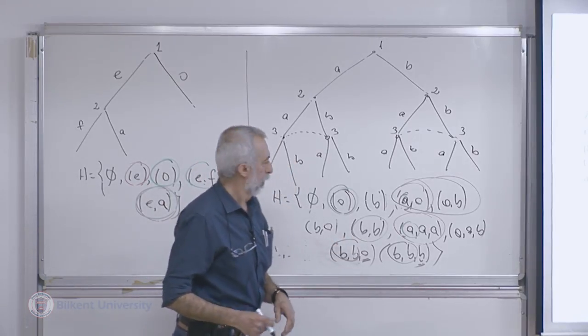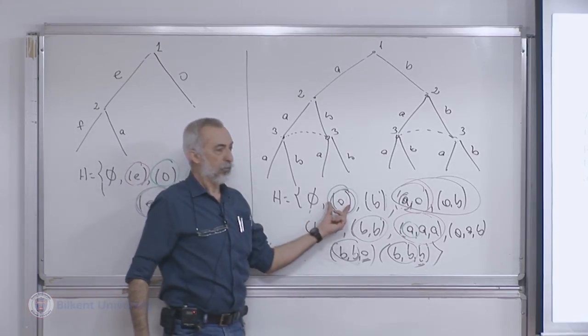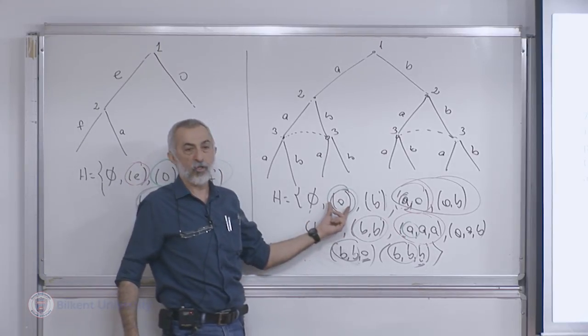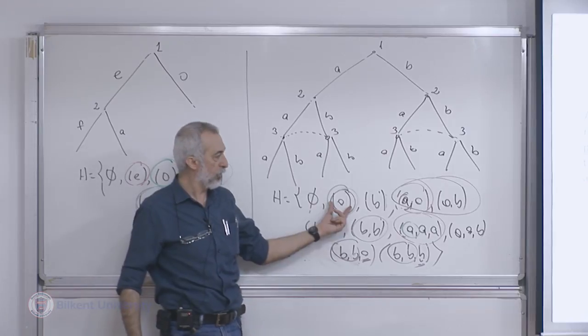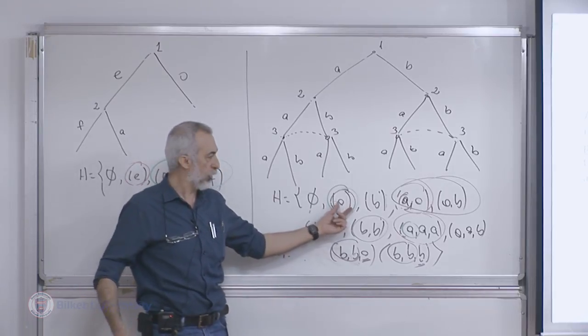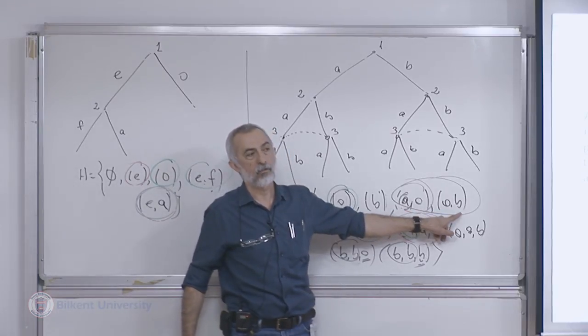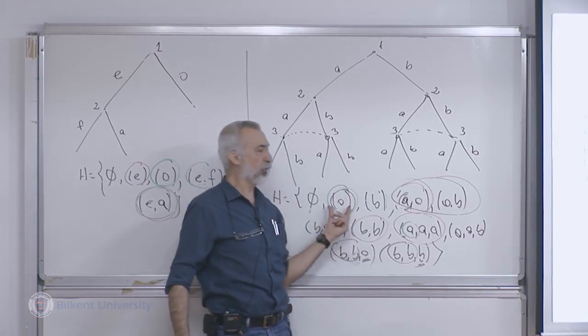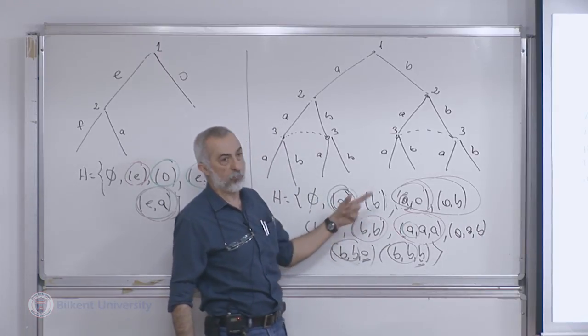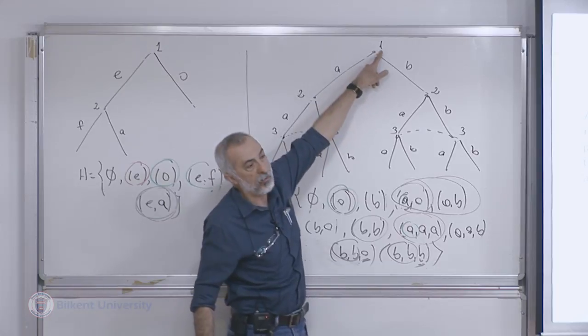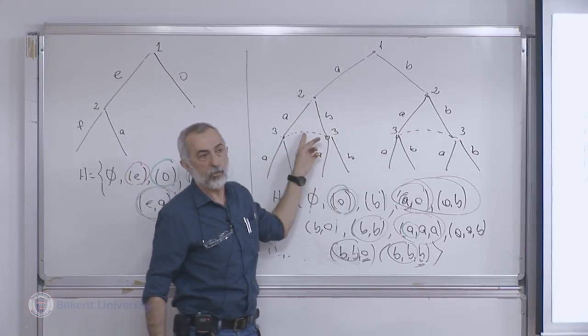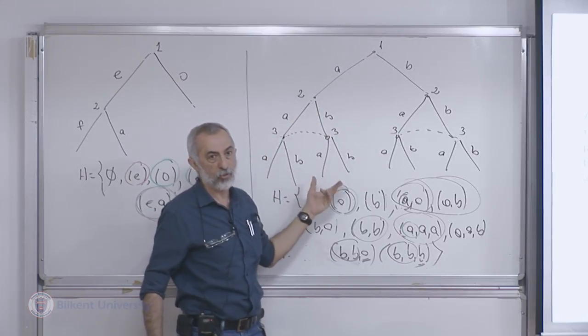So I said, okay, at this history, whoever is going to take an action, the actions available to him or her are A and B. But who is going to take an action? Well, in the picture, we took care of that by putting a label on each node which represented a history.